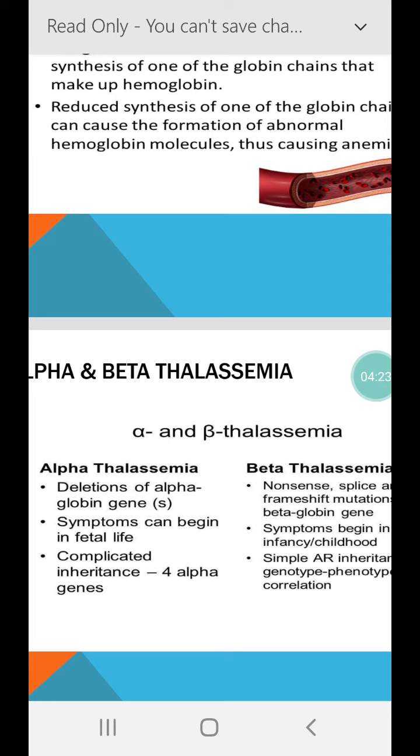So this results from one of these types of mutation, and here symptoms begin in infancy, that is childhood. So this is simple autosomal recessive inheritance.